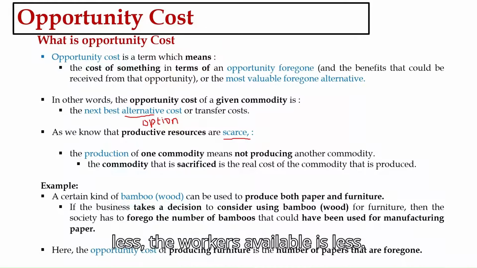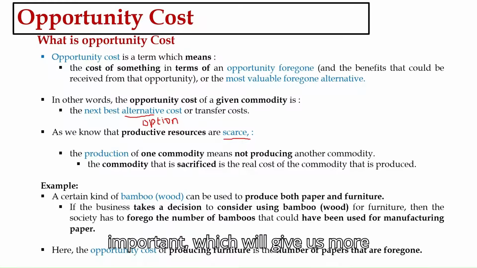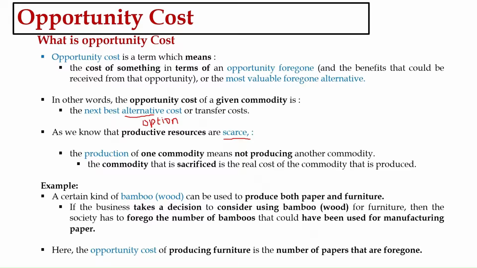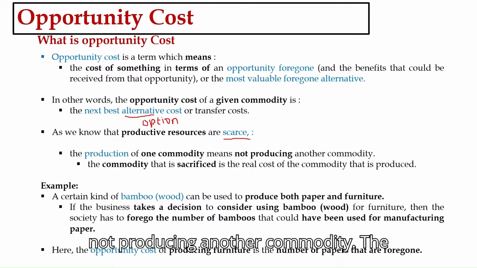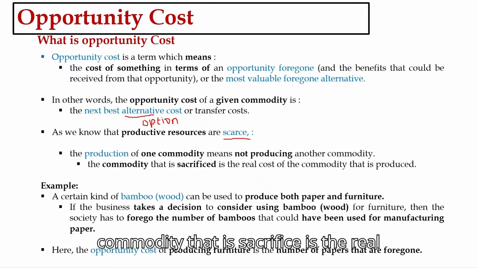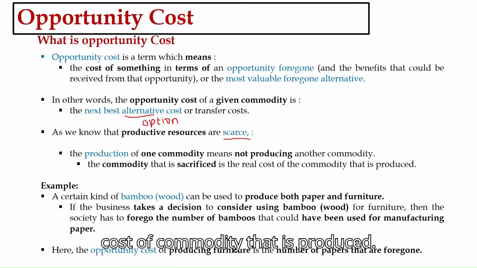The workers available are less. So we cannot make everything. We have to decide what is more important, which will give us more profit, benefit. We will produce that. So the production of one commodity means not producing another commodity. The commodity that is sacrificed is the real cost of the commodity that is produced.